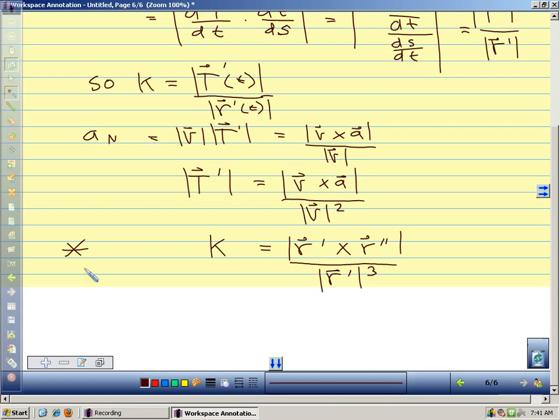And this is for a vector valued function defined in space. All right, let's look at a quick example of calculating curvature. And then we'll talk about a shortcut, if we have time, in rectangular coordinates.